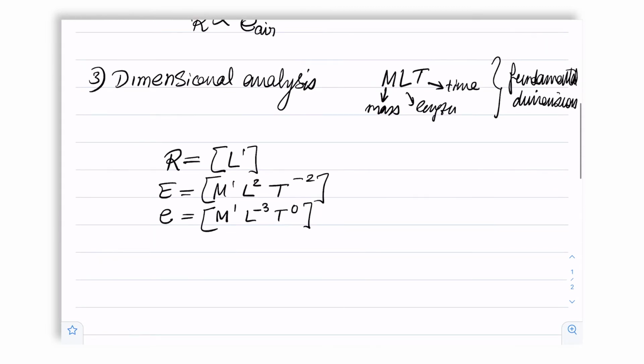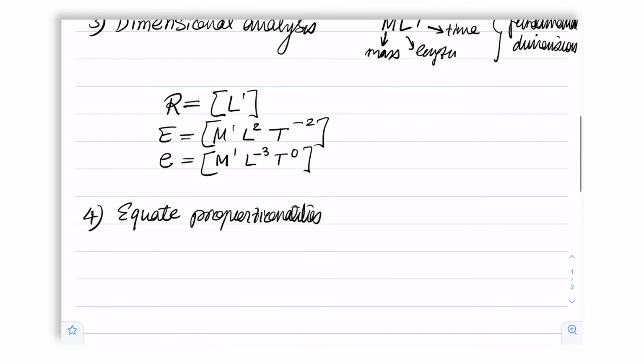So the fourth step is to equate proportionalities. And so we say that R is equal to E to the power x, rho to the power y, and t to the power z, where x, y, z are all unknowns.